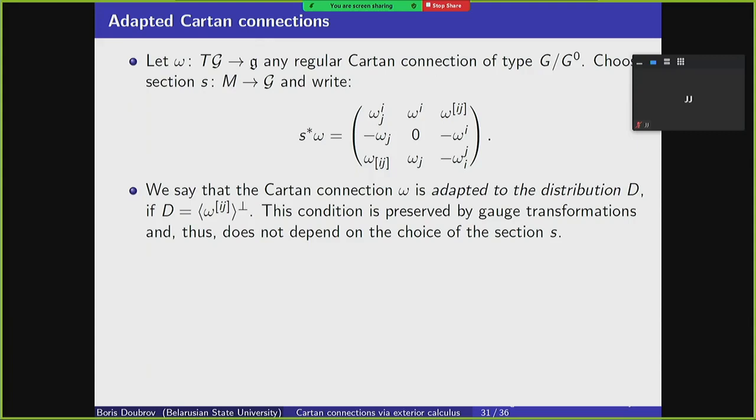So the orthogonal complement is also well defined, and we say that our connection is adapted to the distribution if the annihilator of these forms is exactly our distribution. That just makes sure that we associate our Cartan connection with the data we have on our base manifold, or the structure we have on our base manifold.